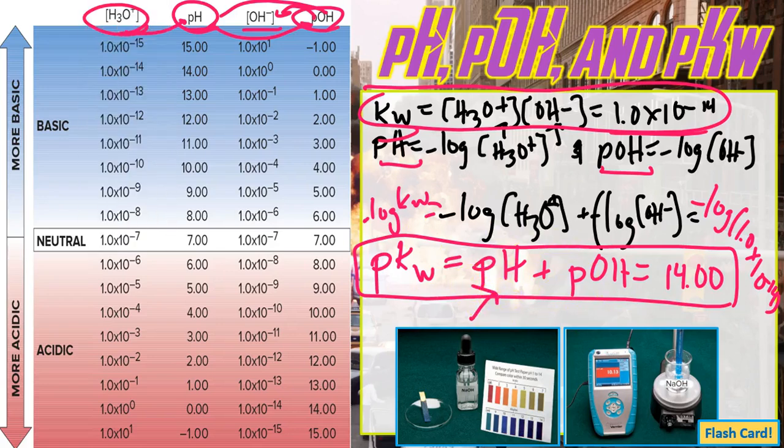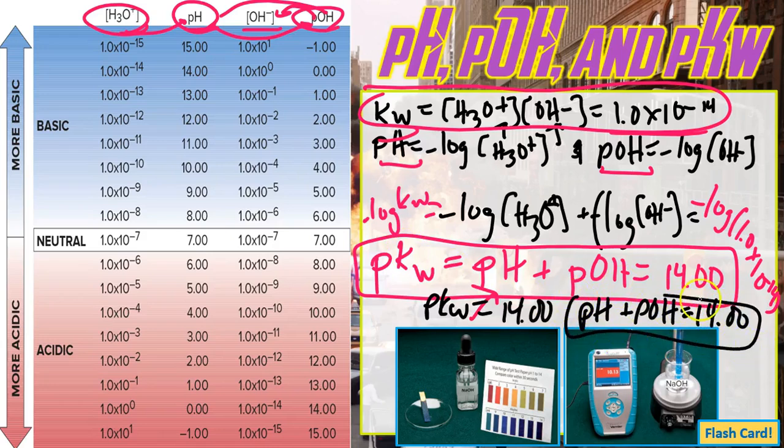Now again, our pKW value is equal to 14.00, right? So instead of writing pKW, a lot of times you'll just see it written as pH plus pOH is equal to 14.00. A lot of times you'll just simply see it put as 14, okay? Either way helps us simplify the expression. And remember that pattern we saw with the auto ionization of water?